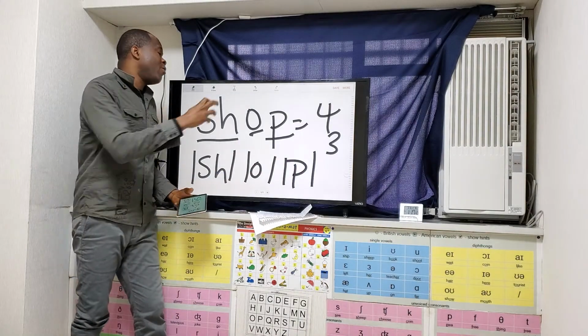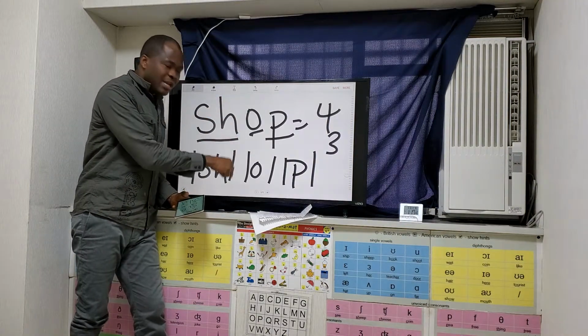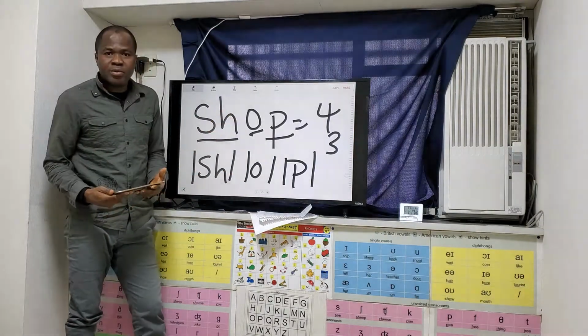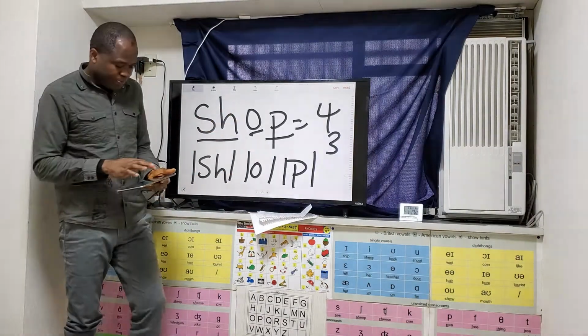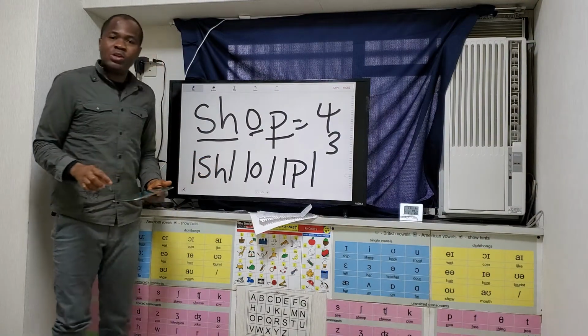So to know the number of graphemes, we need to know the number of letters and the number of phonemes so that we'll be able to identify the graphemes. That's what we said from the beginning. So this is a 2-letter grapheme, SH.